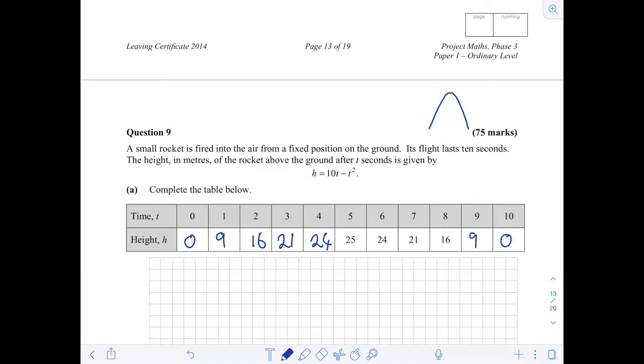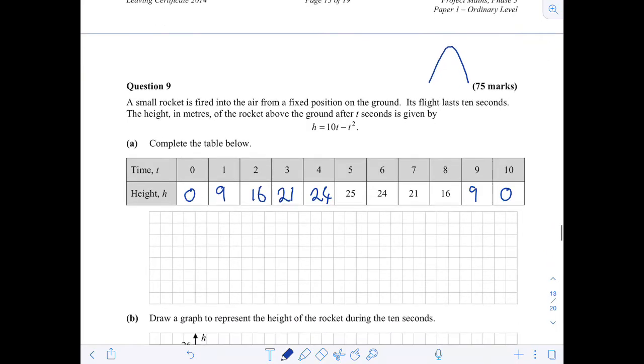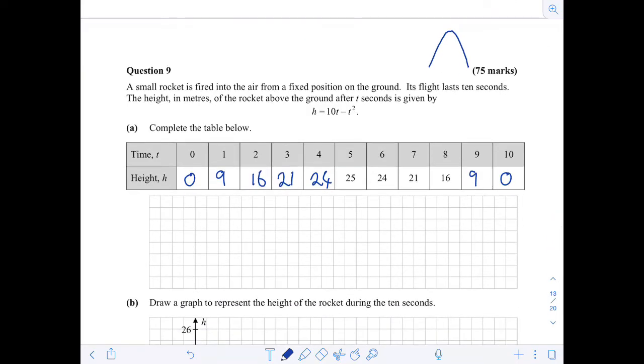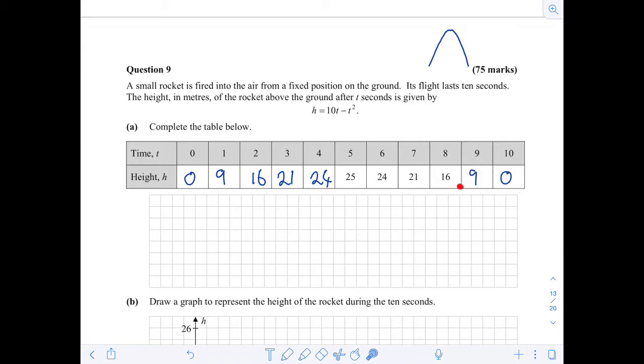So that's quite a handy few marks there. Just basically, can you use your calculator? If these were not given to you, because I just used my calculator to get this information, I would do it again just to double check my answers. But because these were given to us and they agree with my calculator, there's no real need to do that.